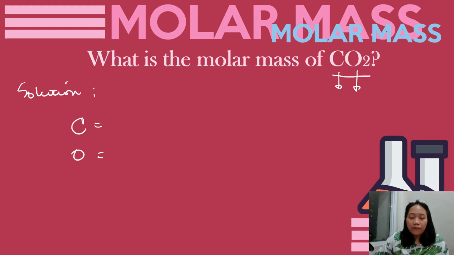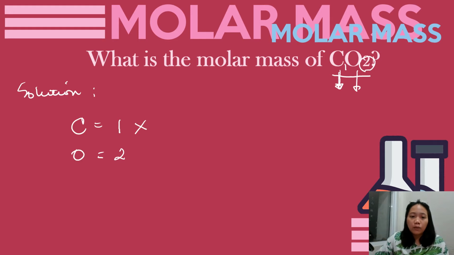Next, after you identify the elements in the compound, identify how many atoms are there in every element. So how many carbon do you see here? We only have one. How about oxygen? We have 2. So there are 2 atoms of oxygen.